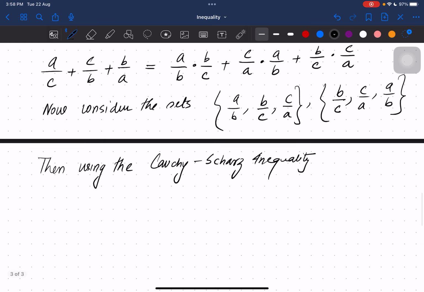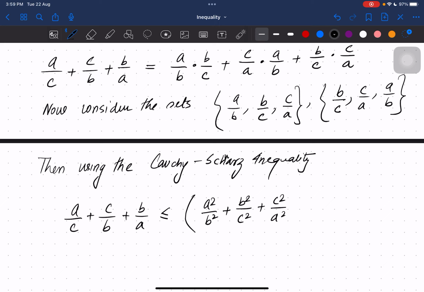now using the Cauchy-Schwarz inequality, we have a by c plus c by b plus b by a. This is less than or equal to the whole square, right? So a squared by b squared plus c squared by a squared plus b squared by c squared, whole to the power half, times the other sum.